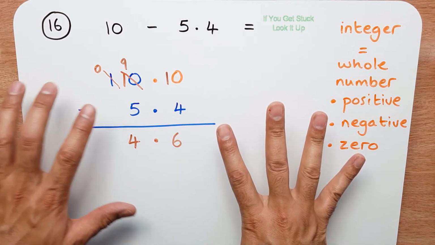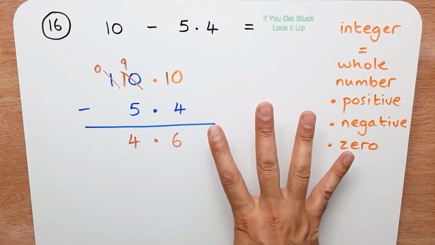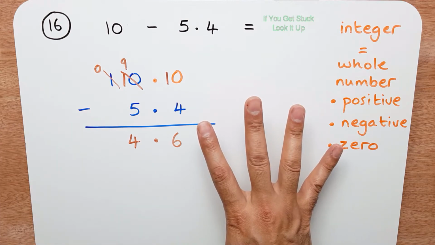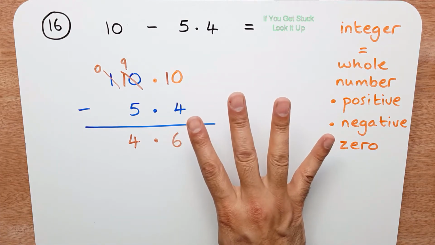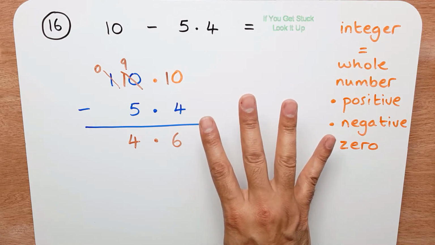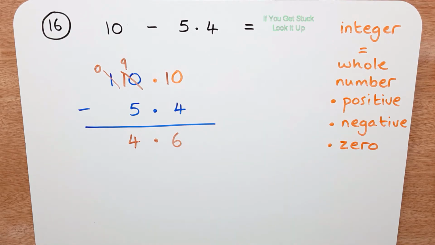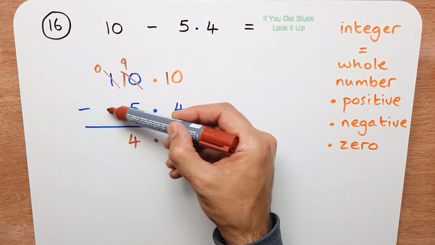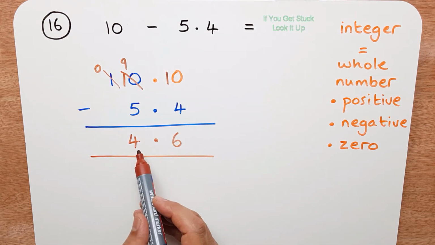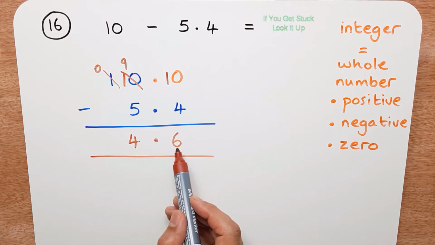So all I simply do is take away this hand. So can you see what I've done? I've taken away this hand, which is 5, and I'm left with 4. 1, 2, 3, 4. And this is another way of doing it if you're finding it difficult. And then finally 0 take away nothing is 0. We don't need to write that there. So our answer is 4.6.